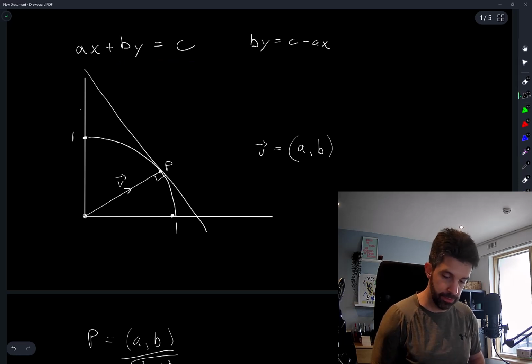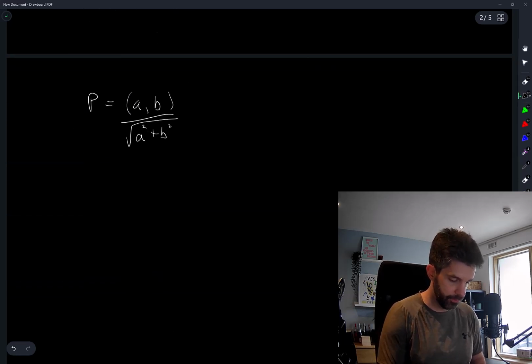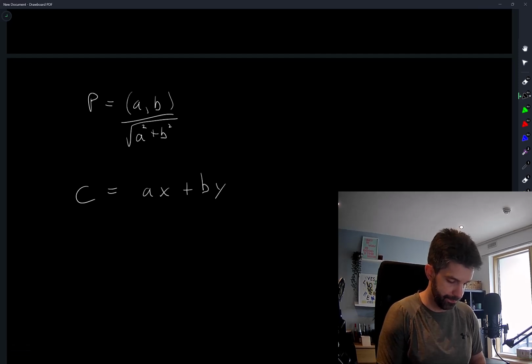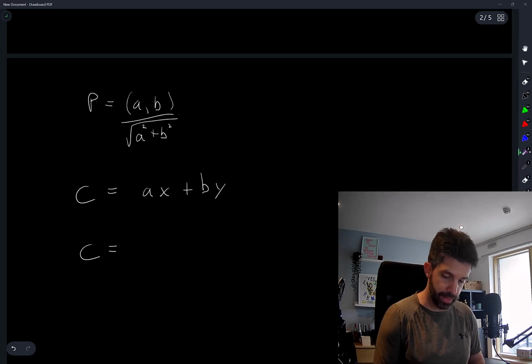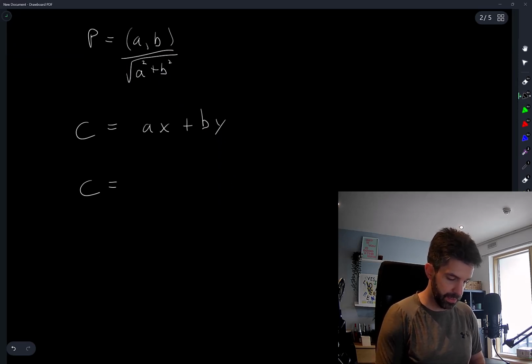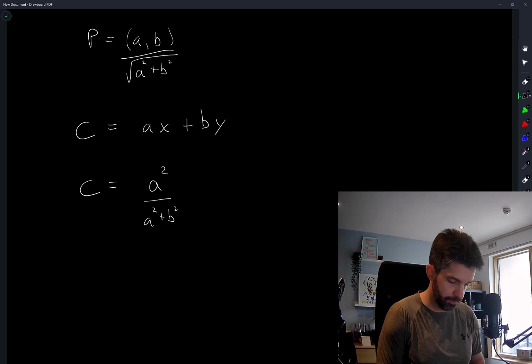So now we can easily solve for c. c is equal to ax plus by, where the x coordinate is a divided by that magnitude, and the y coordinate is b divided by that magnitude. So this becomes a squared over the root of a squared plus b squared, plus b squared over the root of a squared plus b squared.